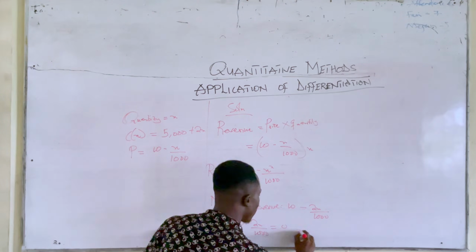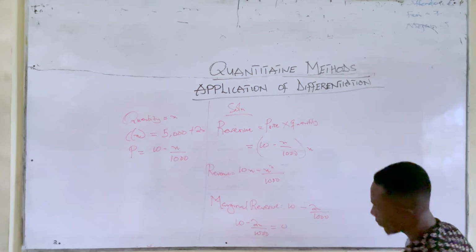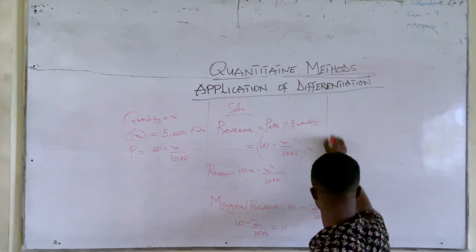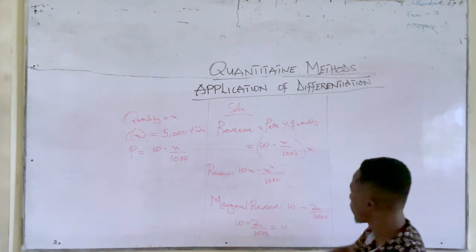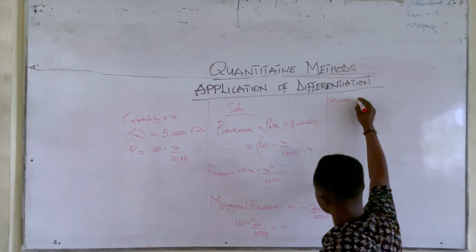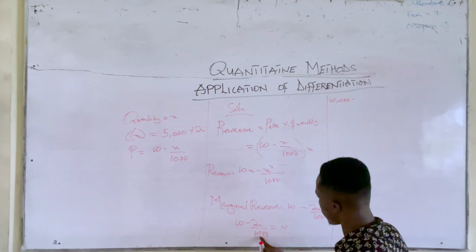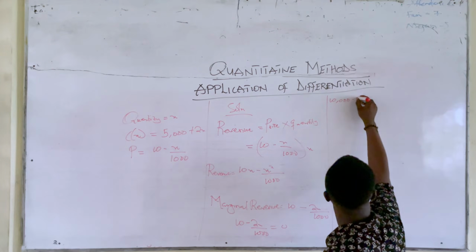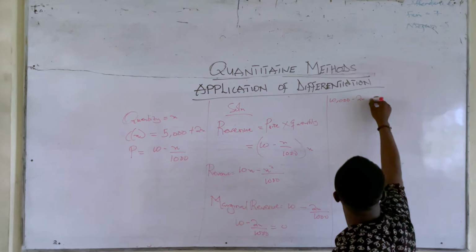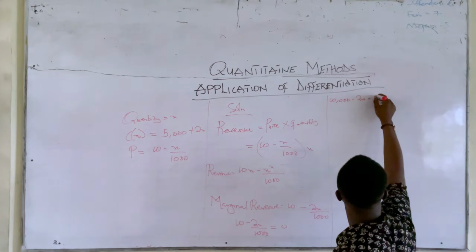We multiply this one by 1000, we have 10,000, minus, we multiply this by 1000. You see that the 1000 will cancel this 1000. So we have minus 2x equal to 0.